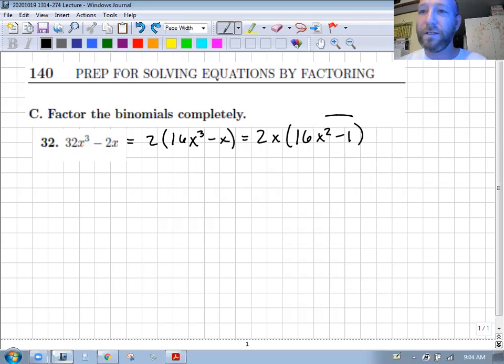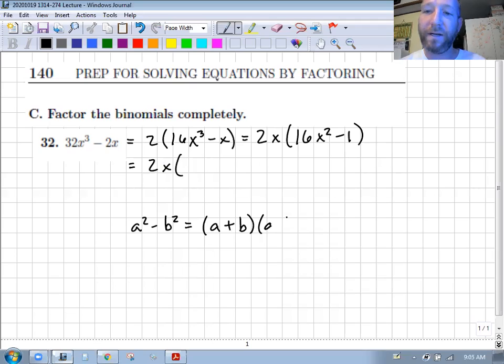Now if we look at this guy, we can factor this as well. Notice this is the difference of two squares. Remember, I told y'all if you have the difference of two squares, this is a plus b times an a minus b, right?